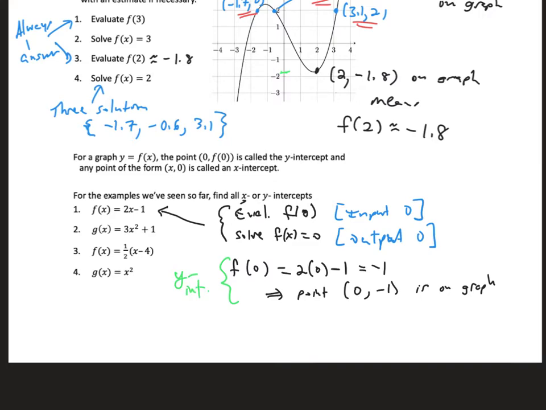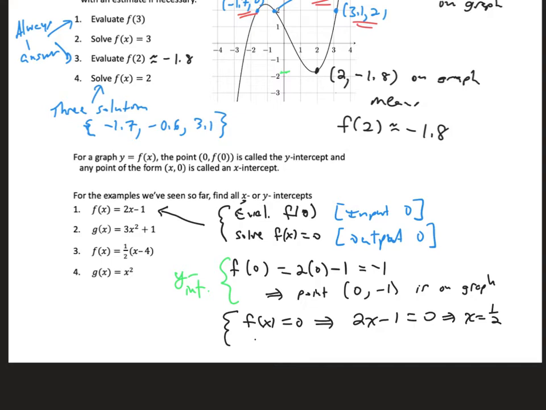Now solving takes a step, but it's not a hard step in this case. Solving f of x equals 0 means that we're solving the equation 2x minus 1 equals 0. Remember, I'm still working with this problem here, and we did this in class. To solve 2x minus 1 equals 0, you would get x equals 1/2.